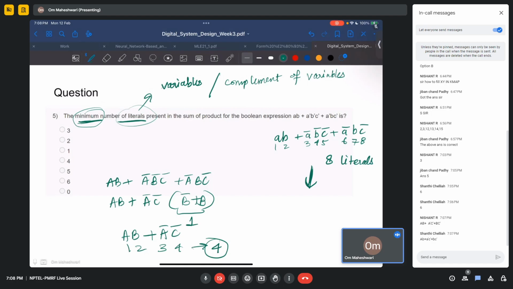Okay, why, how are you getting B C bar? What have you done? K map. Okay, let me do K map.